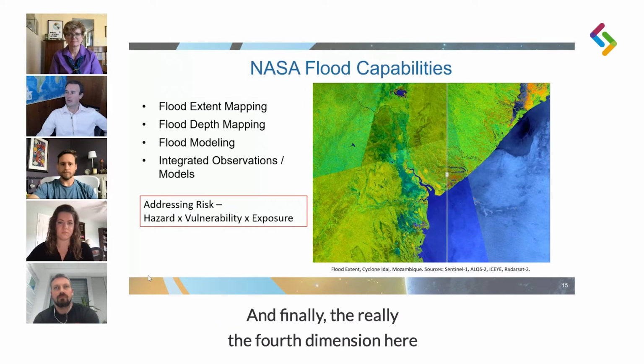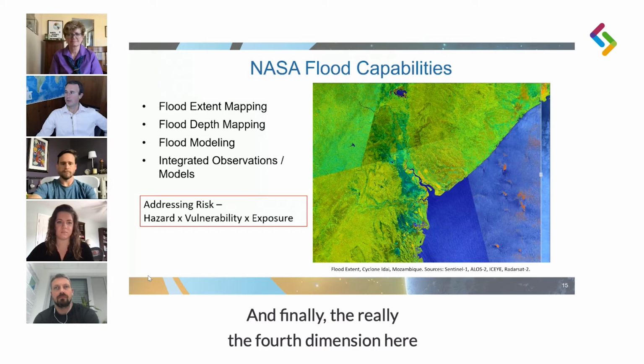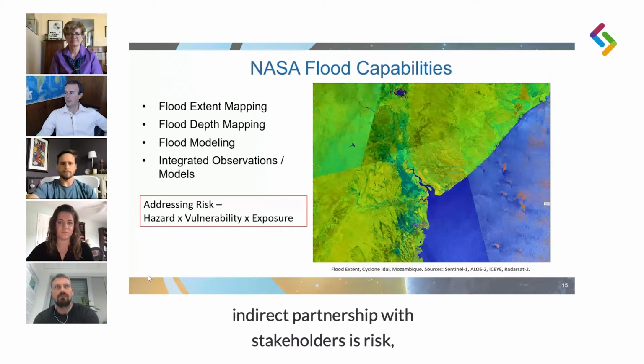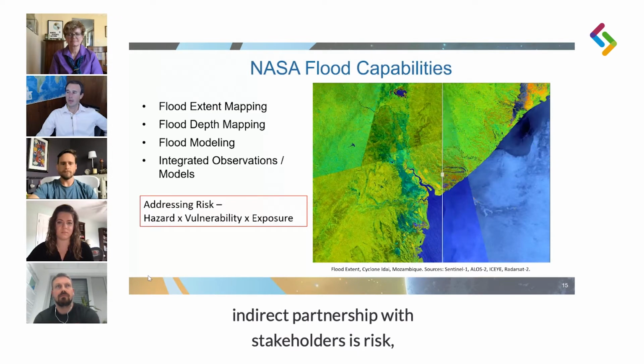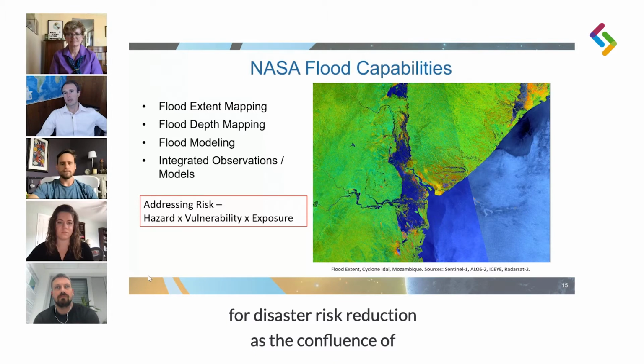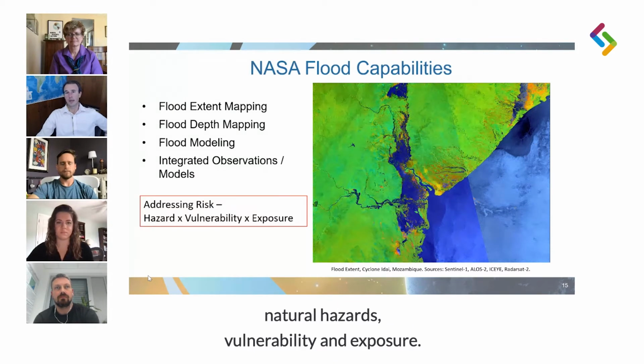And finally, the fourth dimension here that we really try to address in direct partnership with stakeholders is risk. And risk is defined by the United Nations Office for Disaster Risk Reduction as the confluence of natural hazards, vulnerability, and exposure.